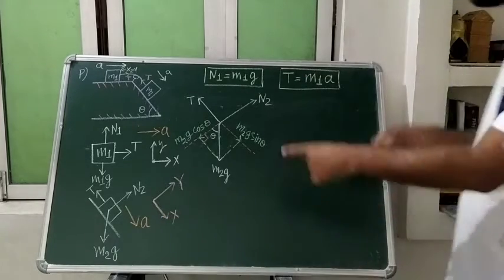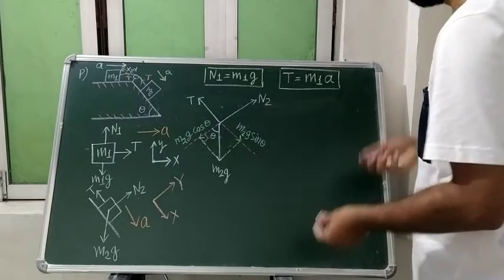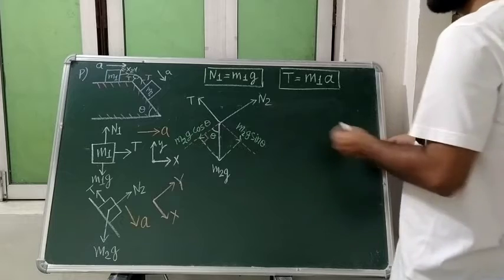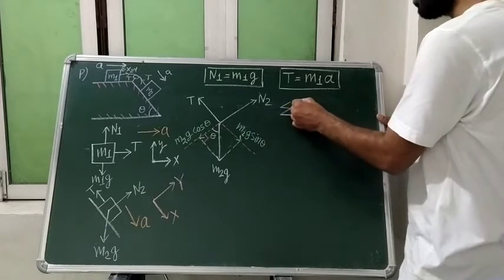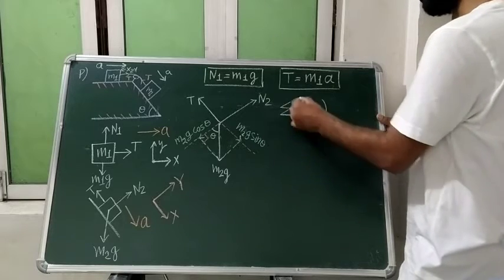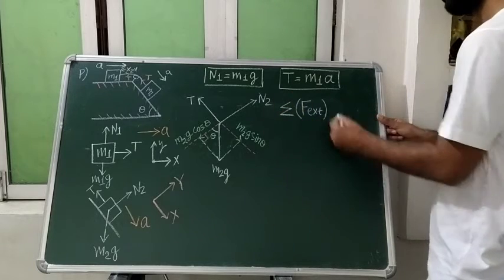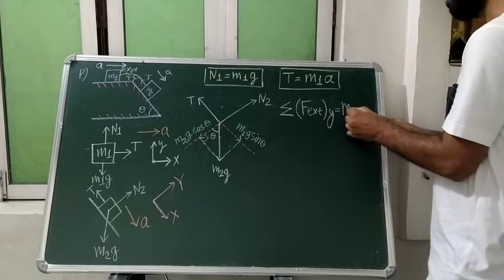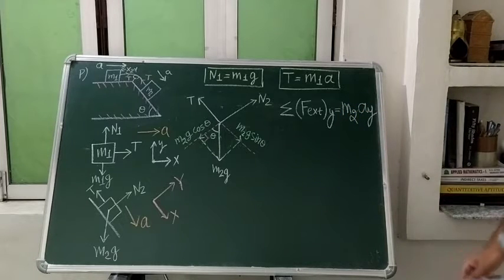For the mass m2, the vector sum of the external forces in the y direction should equal mass times the acceleration in the y direction.